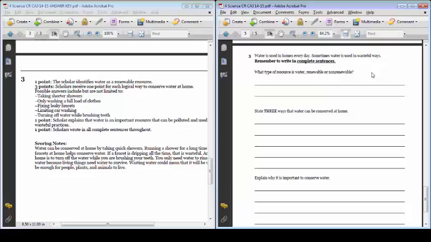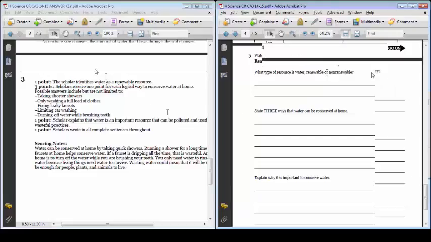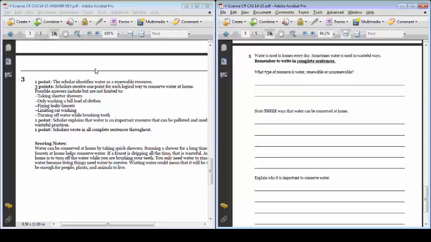Is water renewable or non-renewable? They should write out in some way in a complete sentence that water is a renewable resource. If they write that water is a renewable resource, they get 1 point. If they do not write in a complete sentence, you should not take away the point. They will just receive 1 additional point at the end if they wrote in complete sentences.